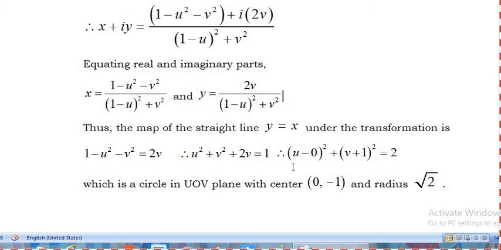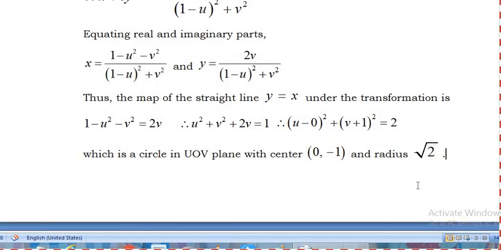Further, we can write this as u square plus v square plus 2v plus 1 is equal to 1 plus 1, which is a circle in the w or uv plane with center u equal to 0, v equal to minus 1, and radius equal to square root of 2.